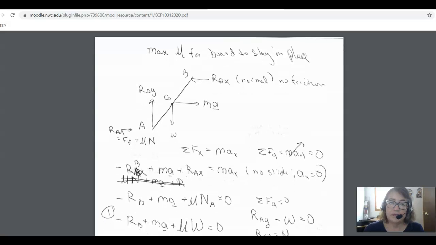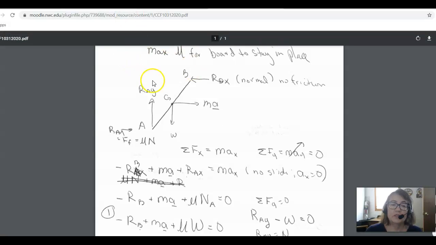So the most important thing for these sorts of problems is that you have to draw a good free body diagram, and you also have to take into account the inertia vector, or the mass of that panel, times the acceleration of the center of gravity, which is labeled as g.